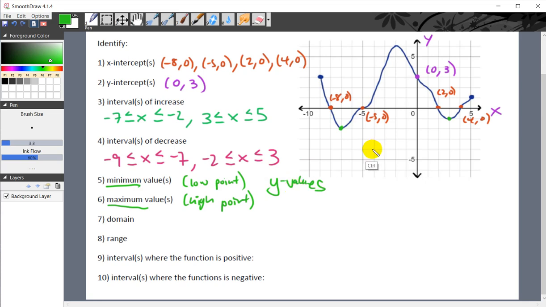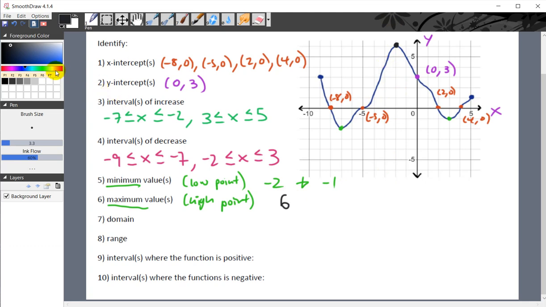I can see that the y value here is at -2, and the other y value here is at -1. If you wanted to be specific, you could tell me the coordinates, but I'm really just looking for the y value, so -2 and -1. Maximum values represent the high point. So the high point of this graph is going to be way up here. I just want you to give me the y value of that coordinate, and it looks like our y value is 6. So that's how we would identify our maximum value.